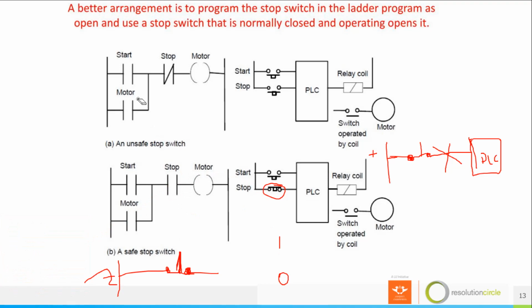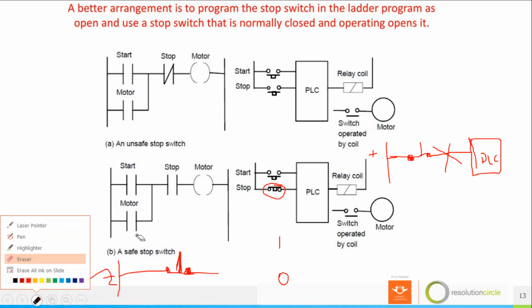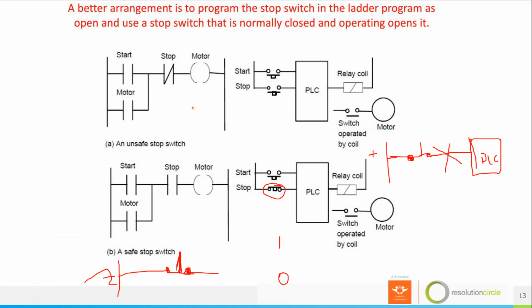But if you have connected your stop button as a normally closed on your program, that means your physical stop button must be a normally open. This is dangerous, because now let's say here by mistake the wire is cut and the machine is running and it's about to cause a problem, so you want to stop it immediately.